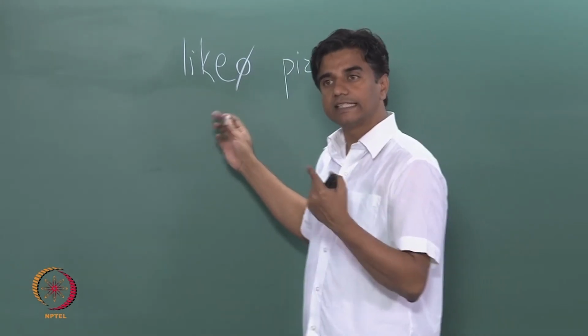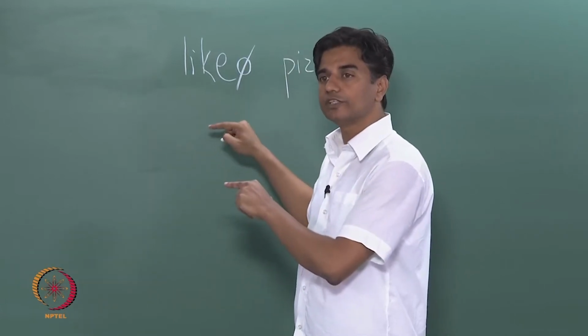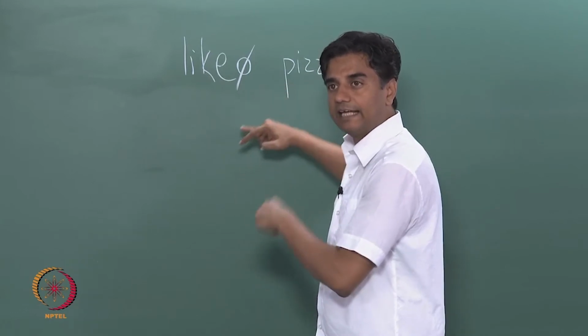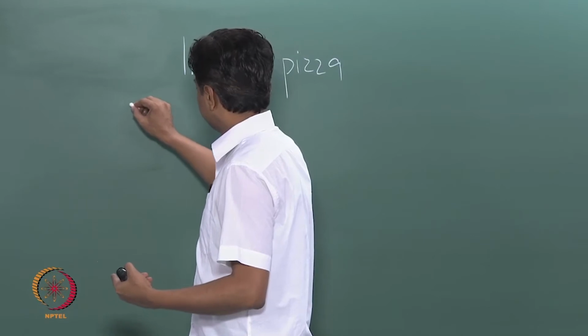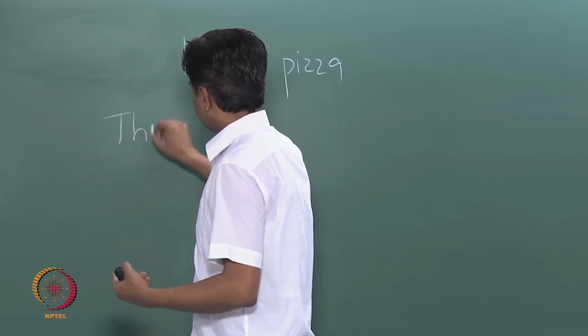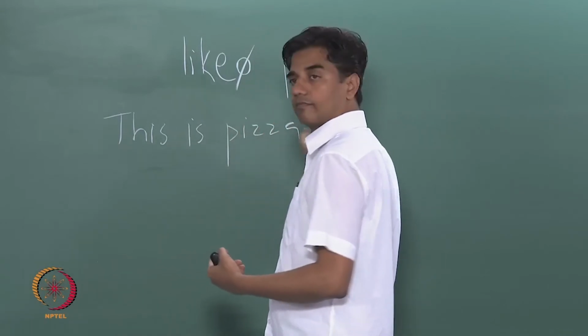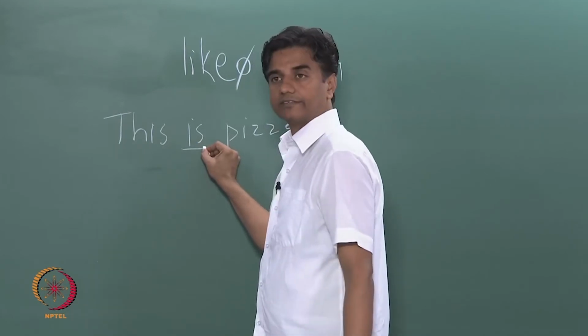That doesn't mean tense is absent. Tense marker is not visible in a sentence like this, and tense marker is visible in a sentence like this one. So this becomes a tense marker.